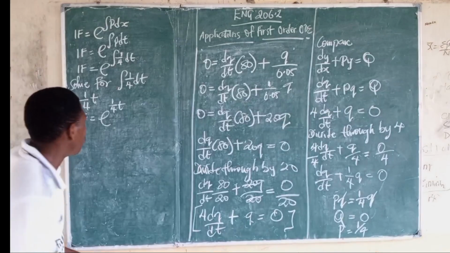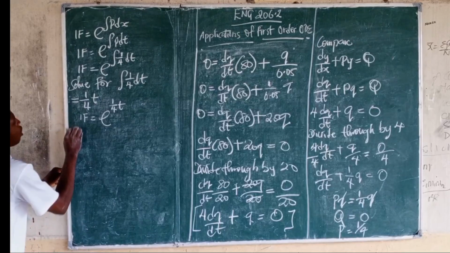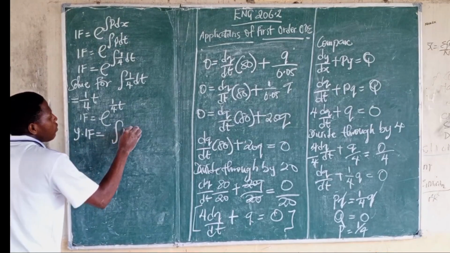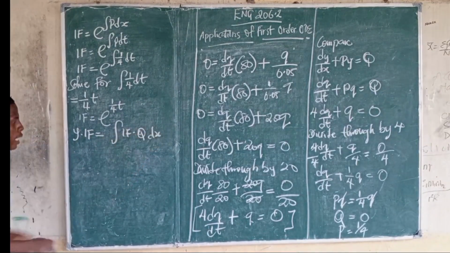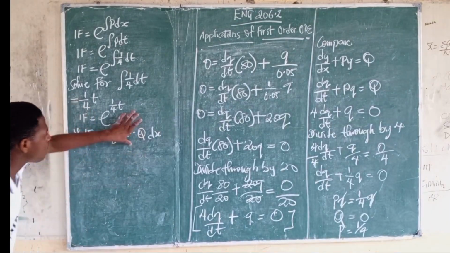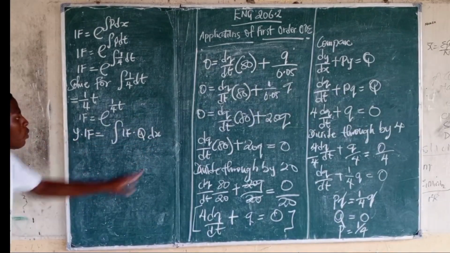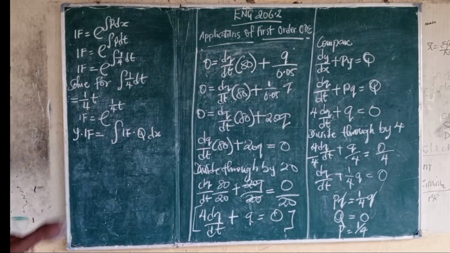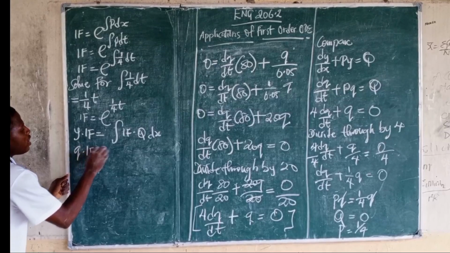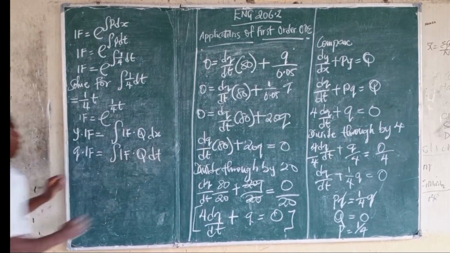Now, what is the next thing we have to do? The next thing is to apply the second IF statement. The second IF statement says y dot IF is equal to integral of IF dot q dx. In this statement, we are not using x and y; we are interested in q and t. So we rewrite our equation to be q dot IF is equal to integral of IF dot q dt.